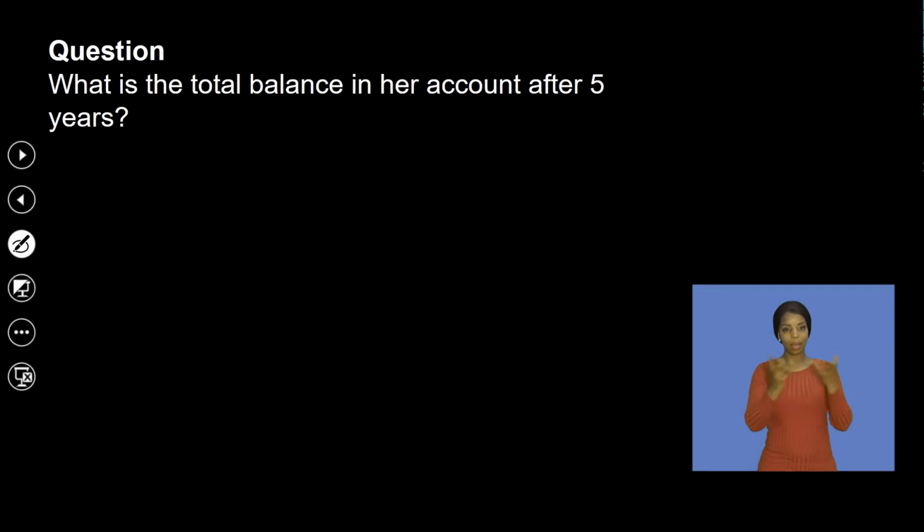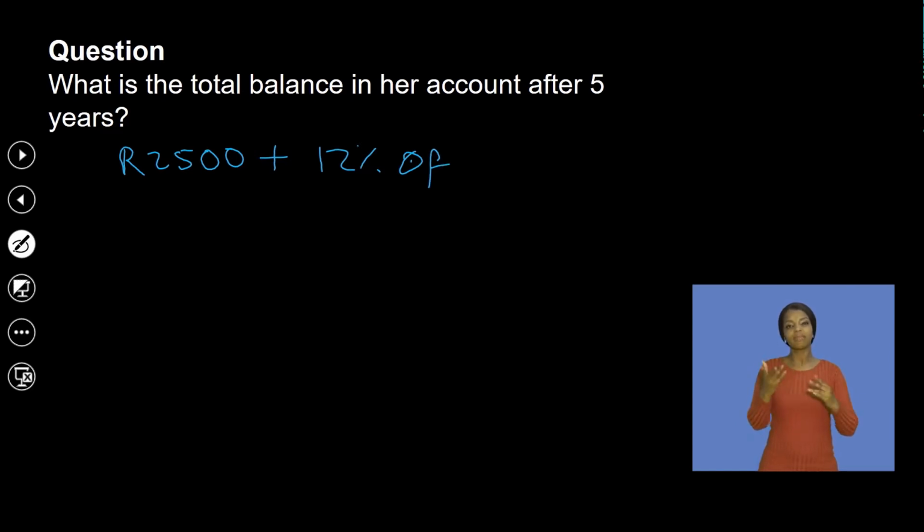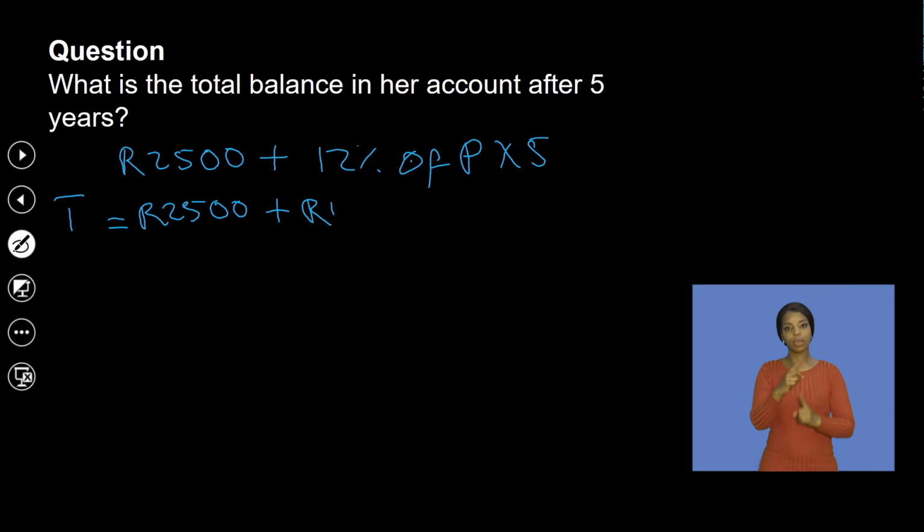The second question now wants to know exactly what will be the total balance in her account after 5 years. So remember that initially Busi started with 2,500, and then she gained 12% of the P amount, which I will just say P, and this was multiplied by the 5, meaning the total will be equal to 2,500 plus the 1,500, which was the total interest, and then the total here will be 4,000.